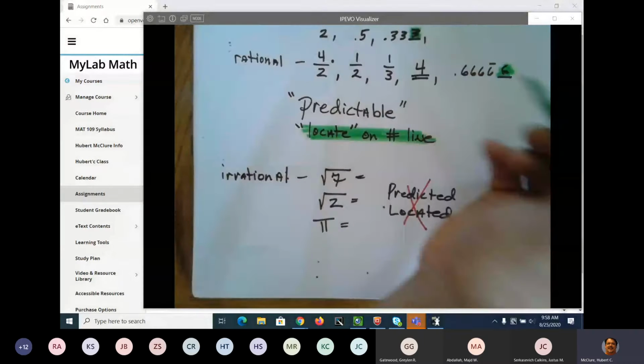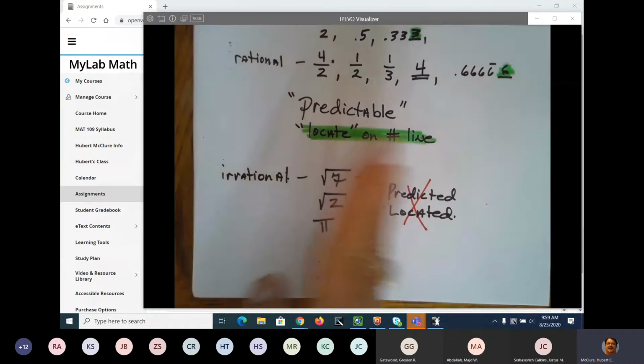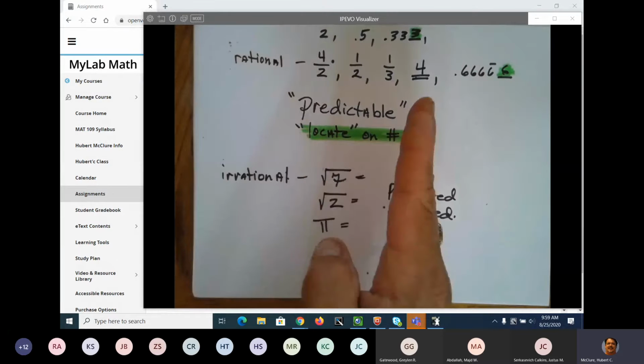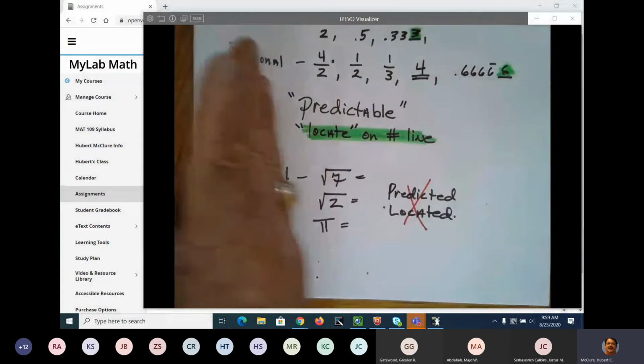You know that's 4. When you locate it on a number line, you know that it's right. These, you don't know what that next number is. So technically, on a minute level, you're oscillating because you don't know if it's a 0.2, 0.3, 0.4, 0.1. You don't know that next digit.